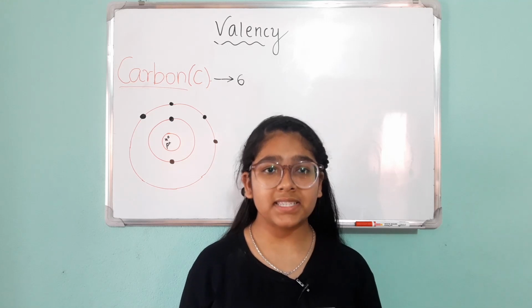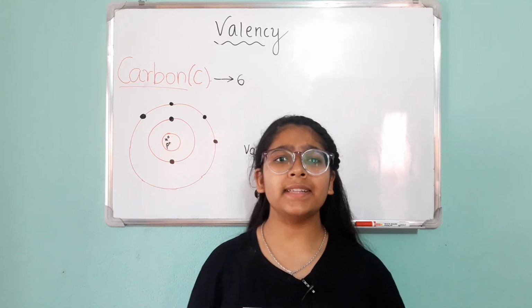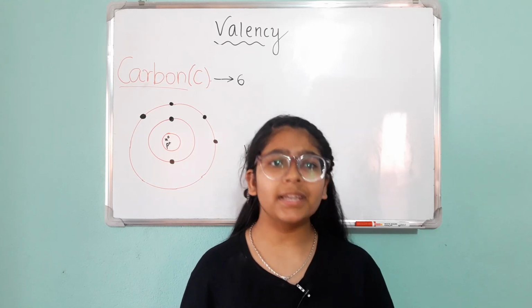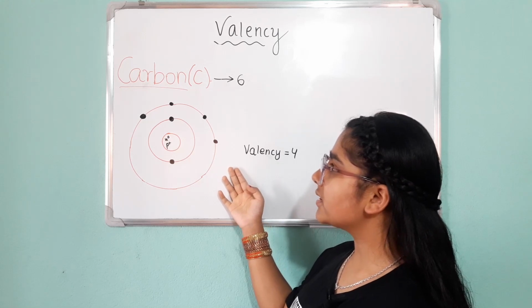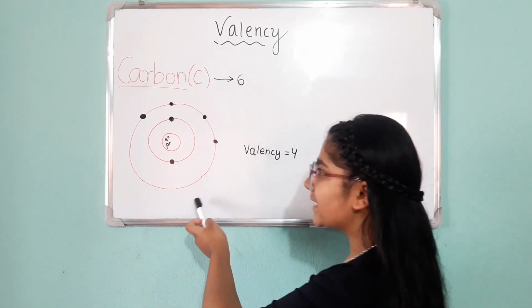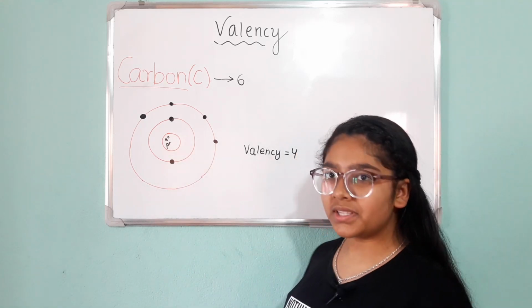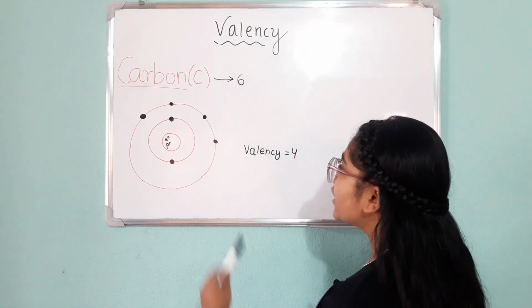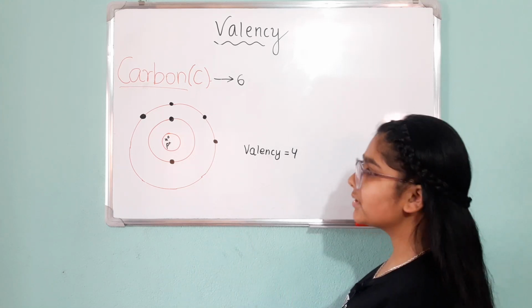In this way you can take out the valency. One case comes here: an element like carbon can neither lose its electrons nor gain electrons. You can see it has 4 electrons in the outermost orbit. So it needs to take 4 electrons to satisfy the octet state, or it needs to lose 4 electrons to satisfy the duplet state. In this condition, it will neither lose nor gain electrons.